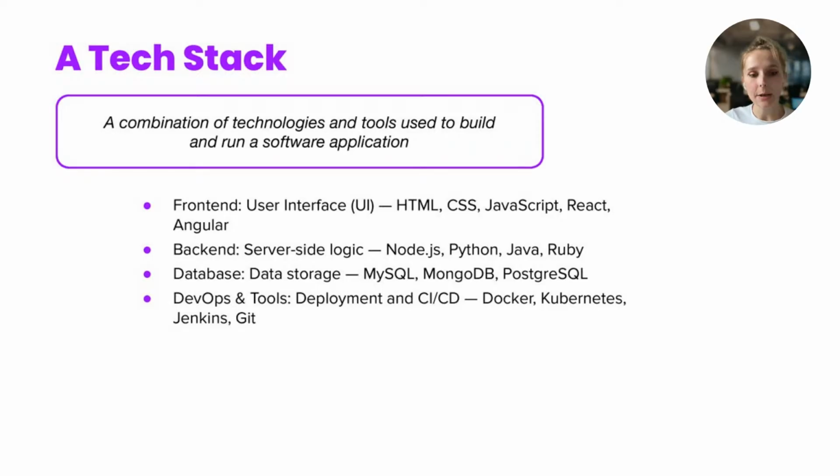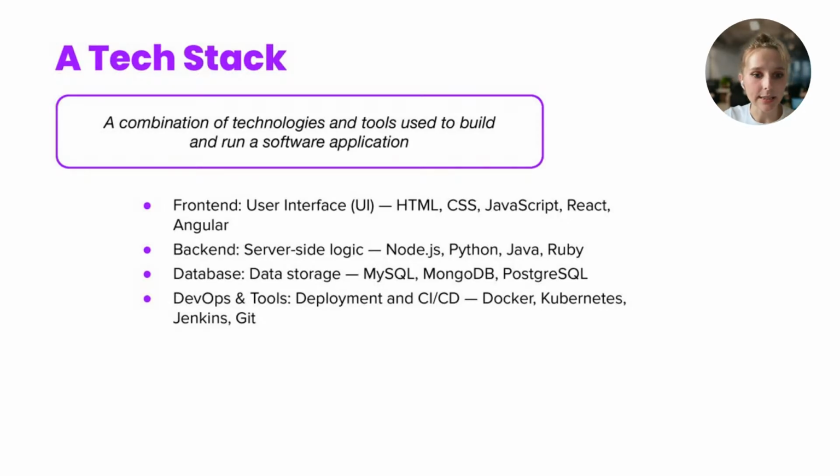And here's the idea. A tech stack is a combination of tools or technologies that help you build and run a software application, from Frontend to Backend and everything in between. So let's look at these key layers.